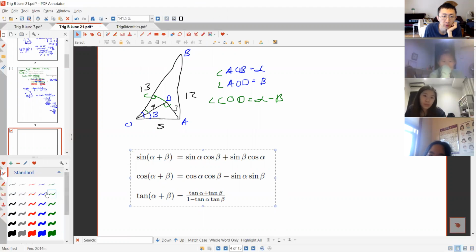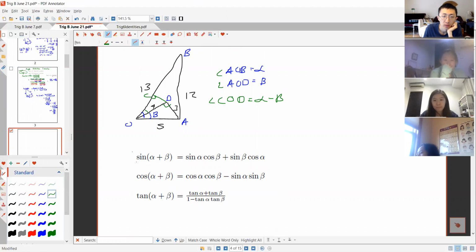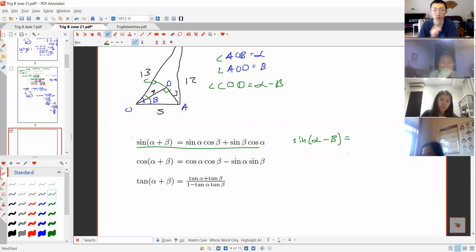Let's take the sine one, for instance. How can we get something for sine of alpha minus beta? Is there, you make the angle at O alpha and then maybe angle B beta and then try to find those.